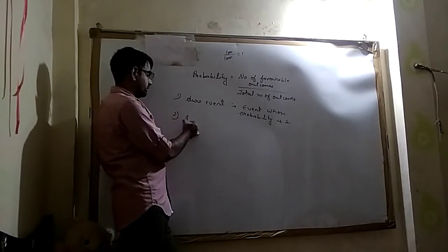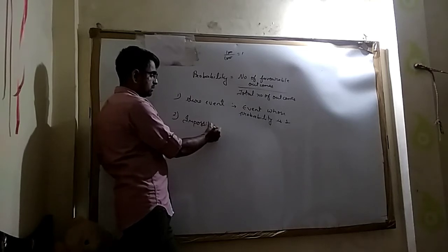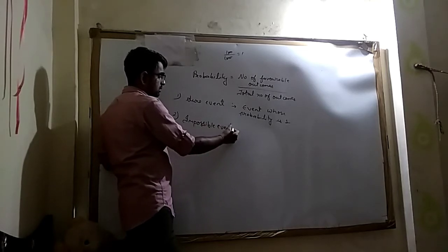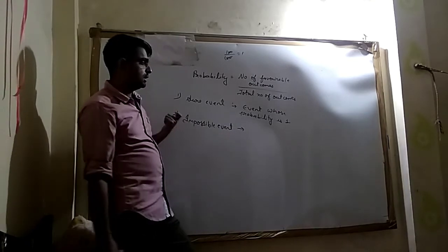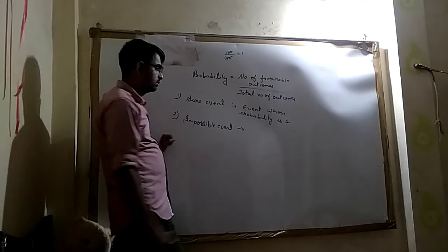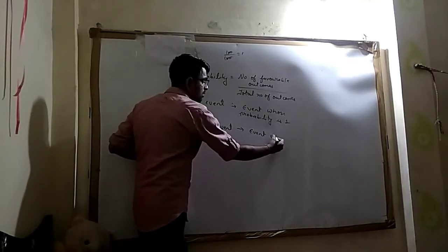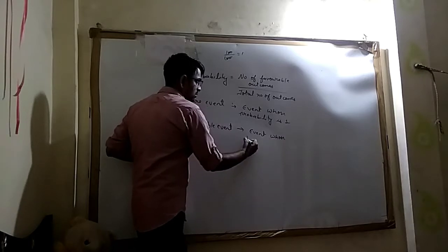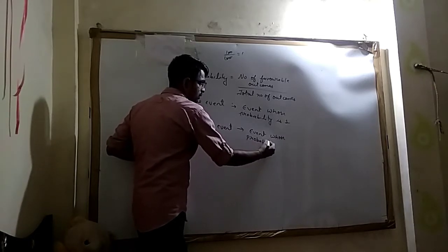Now, the second thing is impossible event. What is this impossible event? It is an event whose probability is 0.